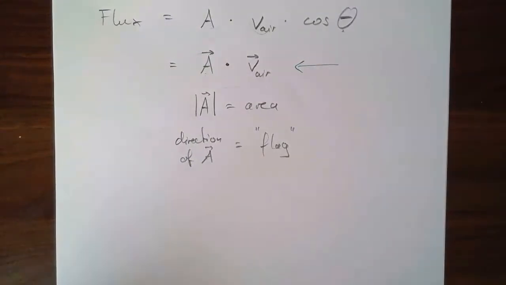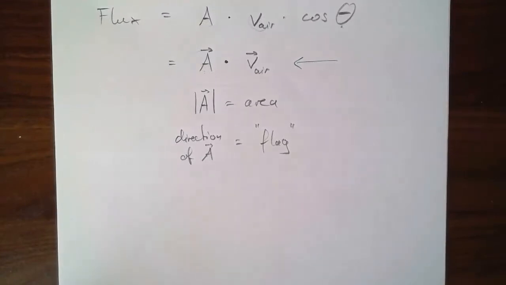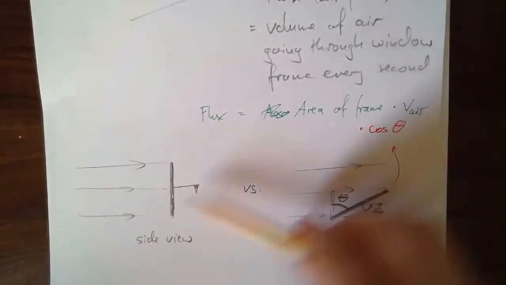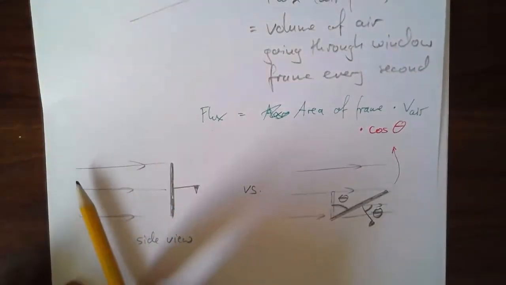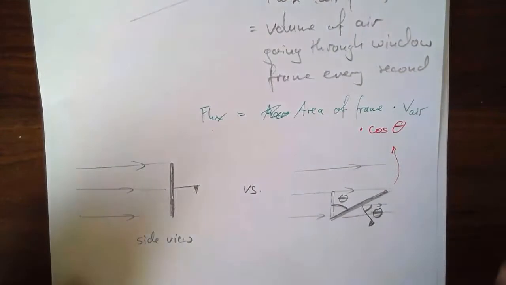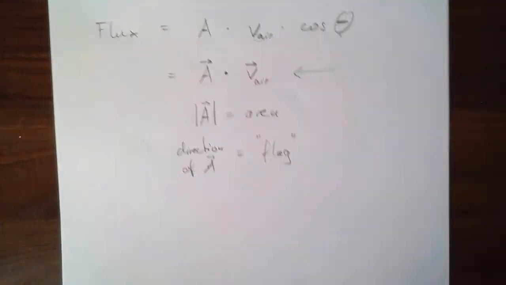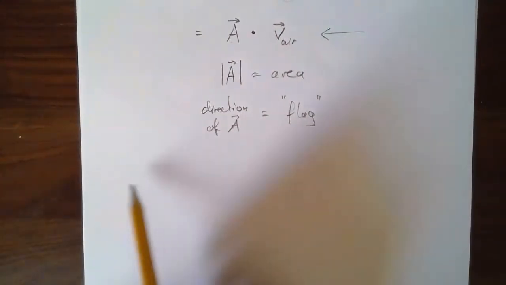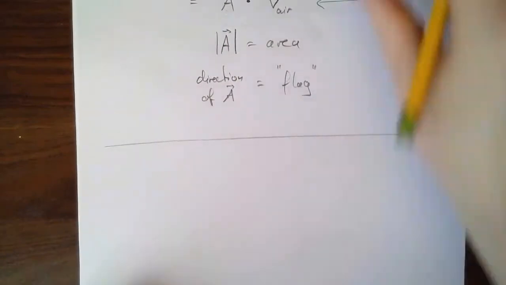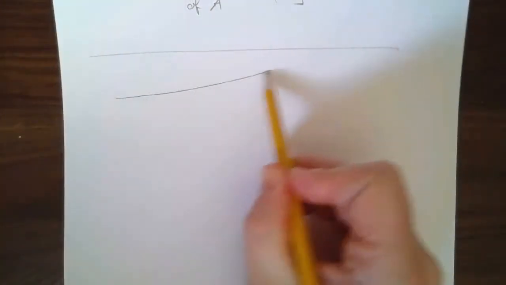Okay, but there might be a situation where our airflow isn't nice and uniform like in those cases here. Right here, the air is flowing nicely sideways, the same everywhere, no change at all. So we could imagine a situation where we have air that might be flowing something like this.